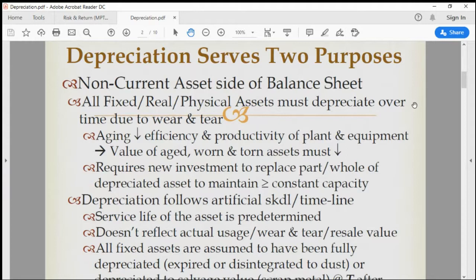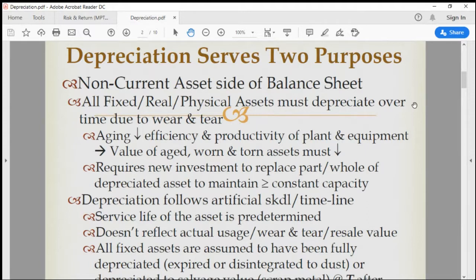Isn't it right? The light bulbs. When you buy a light bulb, it will say on the box how many hours it can last, right? That's the manufacturer's service life, that comes with the manufacturer's warranty.